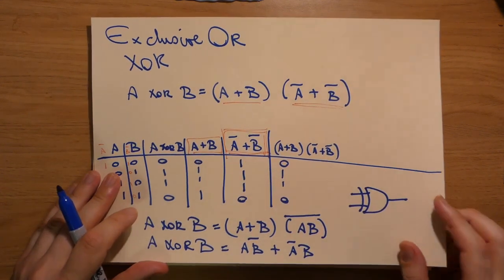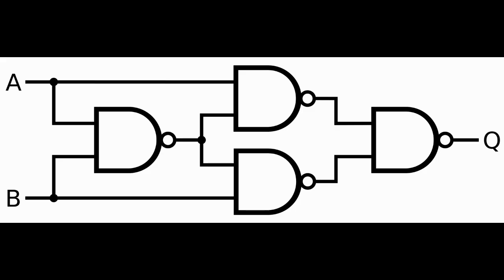There is a more efficient way though. I got a diagram from Wikipedia and it claims to be a more efficient way of doing the exclusive OR with NAND gates. Now, maybe we want to investigate the claim just to see if it works.